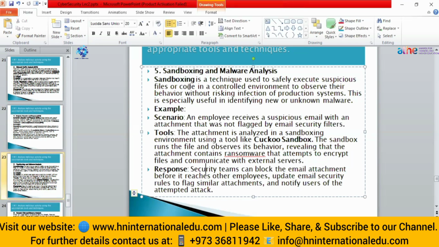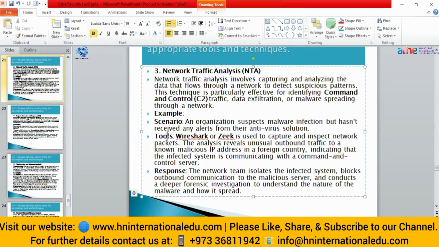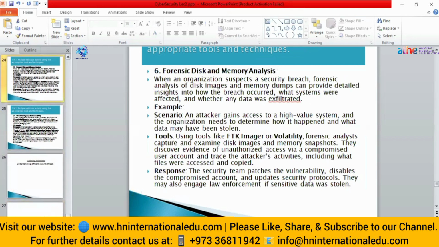Sandboxing is a very important technique. In future, if you take other cybersecurity courses, there can be a lot of questions related to this. So you can go and search about these tools. You can also search these network traffic analysis tools to learn more about them. If you have any questions till now, let me know.